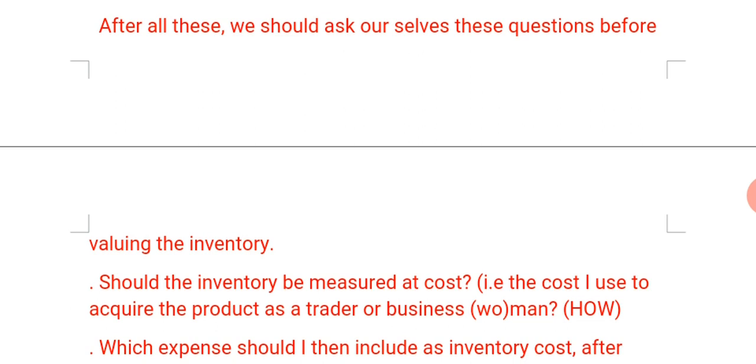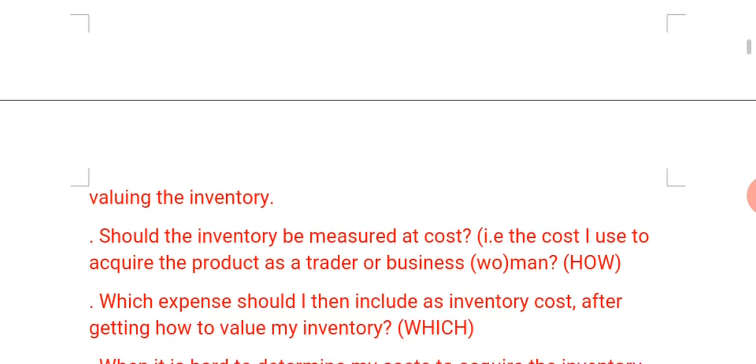If you are a dealer in accessories, I buy this wristwatch for say $200, I record it at cost, the value of the inventory, that's the wristwatch, is $200. That's just a fictitious figure.